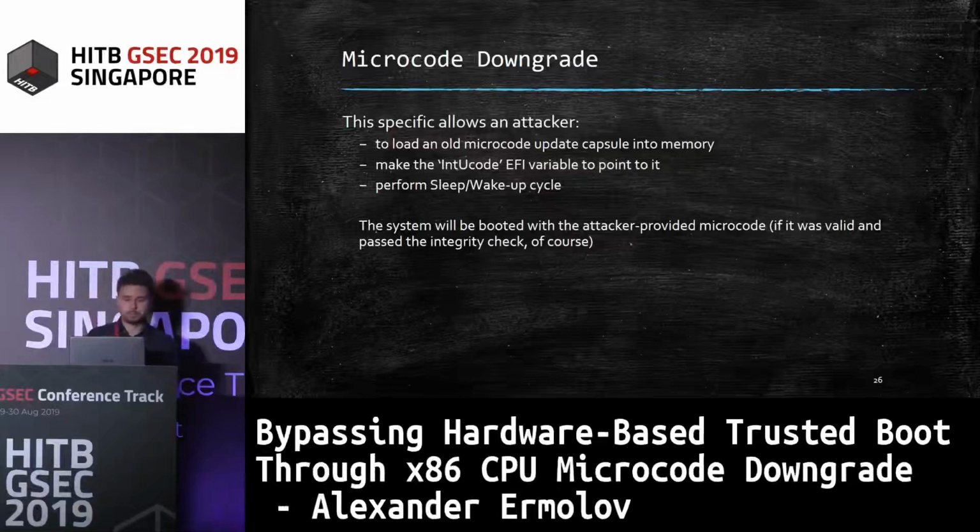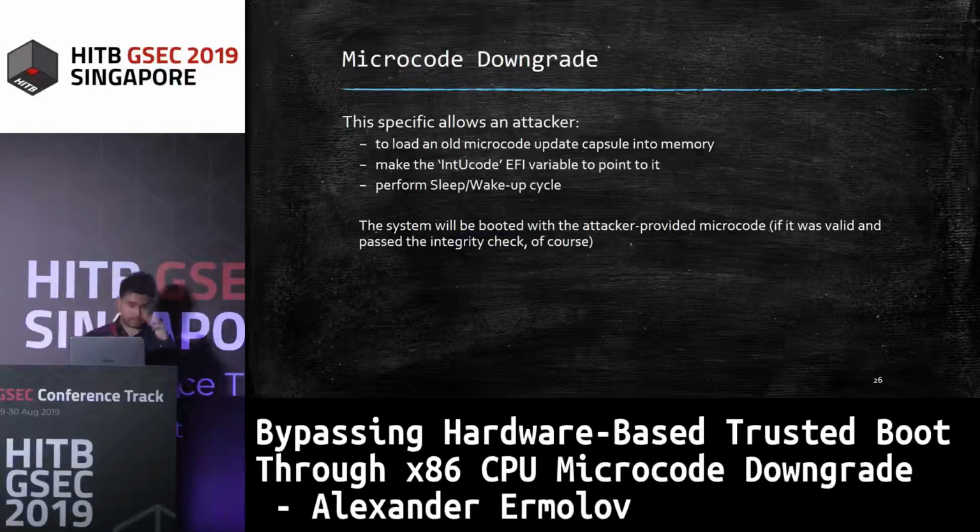Like, an attacker can load a null microcode update somewhere in the memory. He can make the int microcode variable point into this block of memory and perform a sleep wake up cycle. That's how microcode could be downgraded to the version provided by an attacker.